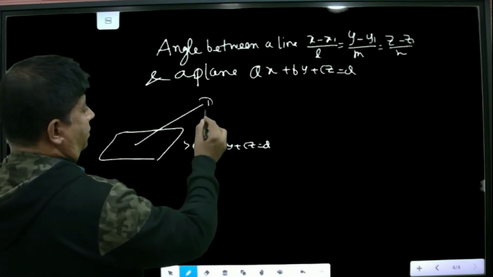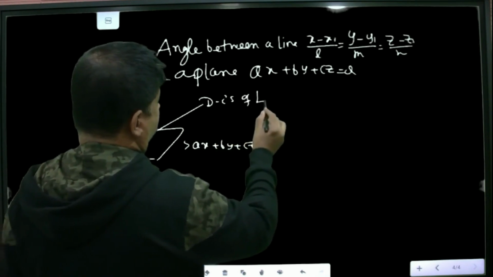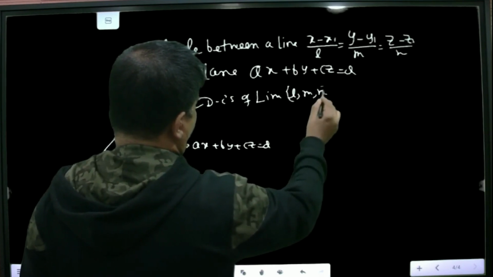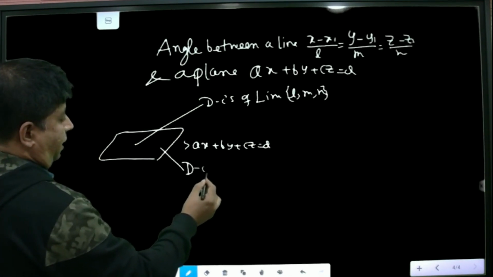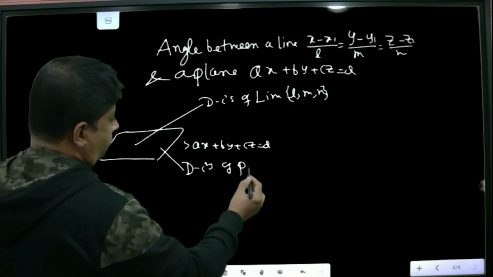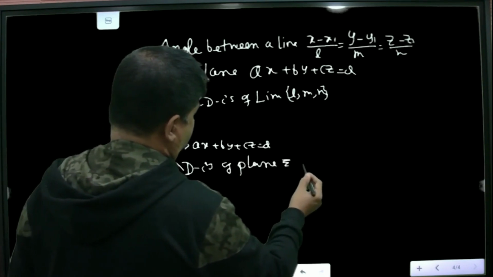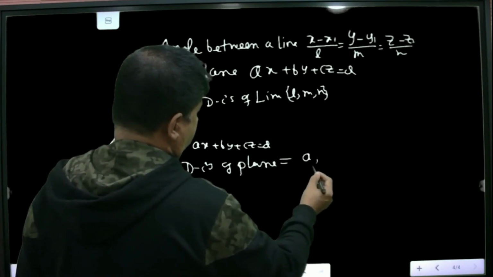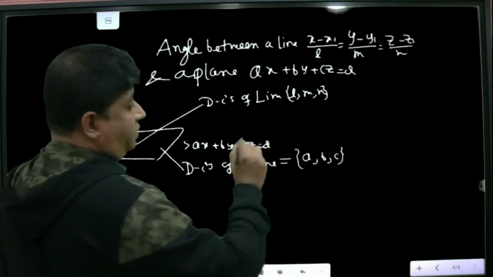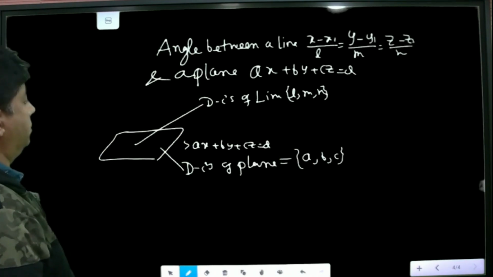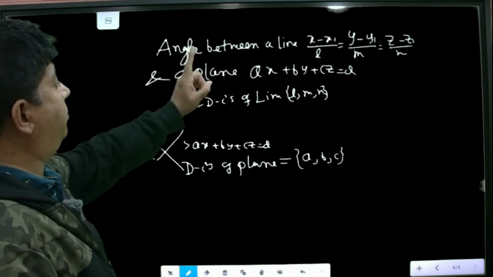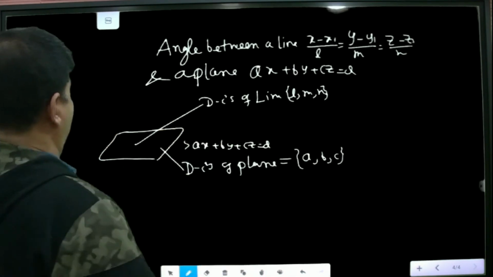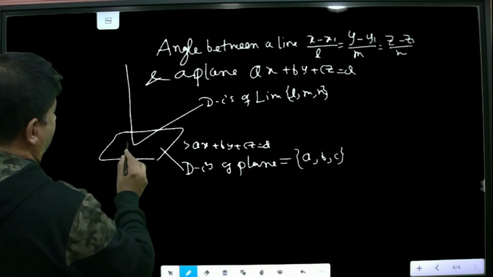Take the direction cosines of the line as l, m, n, and the direction cosines of the plane as a, b, c. Now, actually, the angle between a line and the plane is related to the angle between the line and the outer normal to the plane.